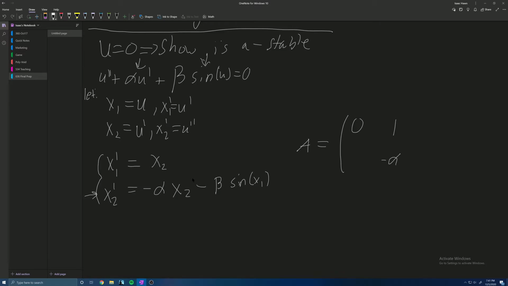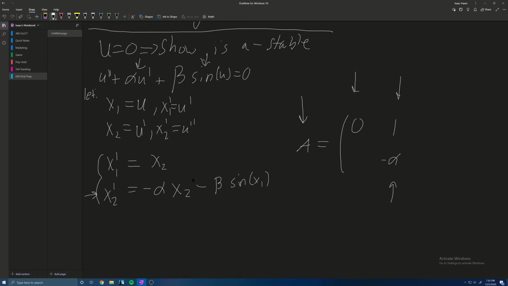And I didn't explain this, I guess, but this A is the Jacobian. I should have said that. The Jacobian is going to be the derivative with respect to each thing here. So this is the derivative with respect to x1, the derivative with respect to x2, and then this is going to be the derivative with respect to x2 in the second equation.